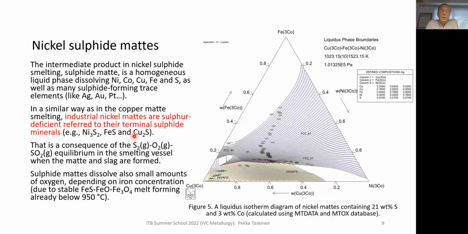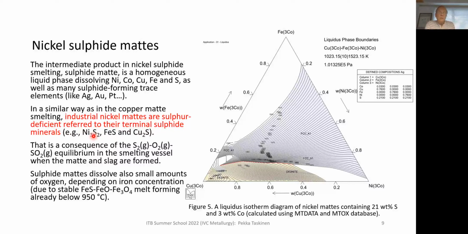So there is less sulfur than what we would have if we just added iron monosulfide, copper sulfide, and heazlewoodite, so nickel sulfide, together.